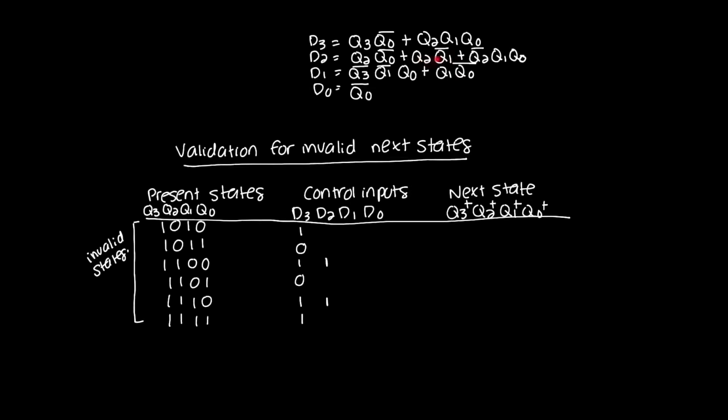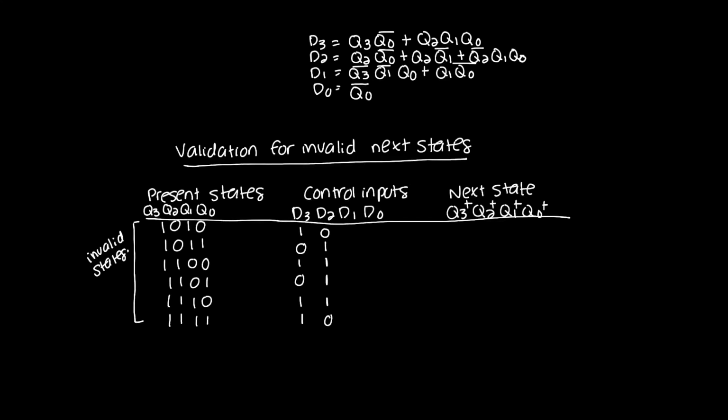The second term is Q2 being high and Q1 being low. Q2 is high and Q1 is low in both these conditions, so I just need to add a 1 over here. And now my third term. When Q2 is low, so that's these two rows over here, but Q1 and Q0 are both high, that only occurs over here. So let's put 1, and under all other circumstances, it's 0.